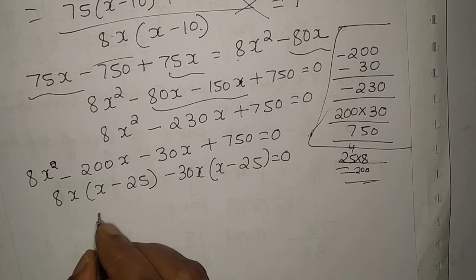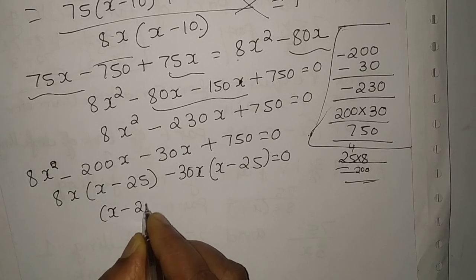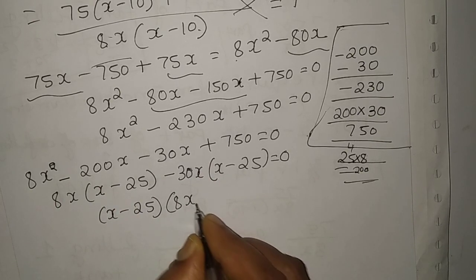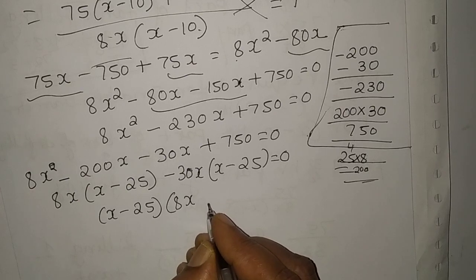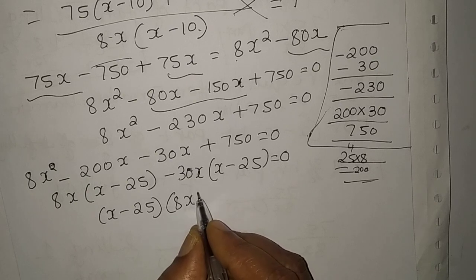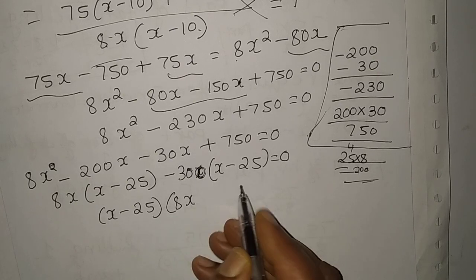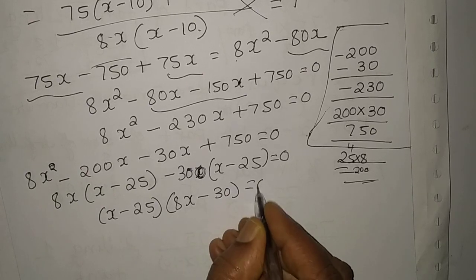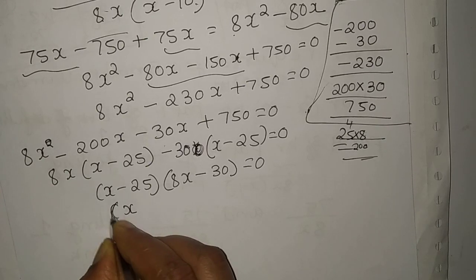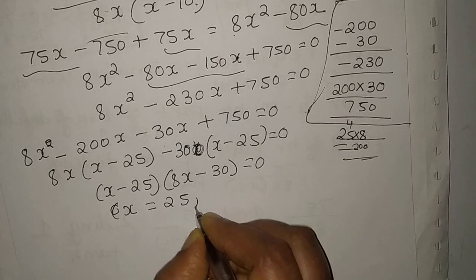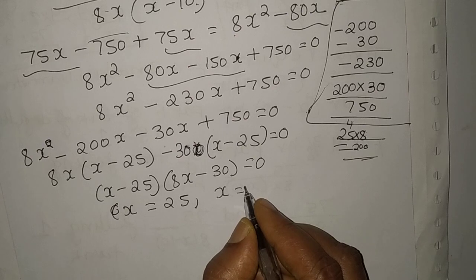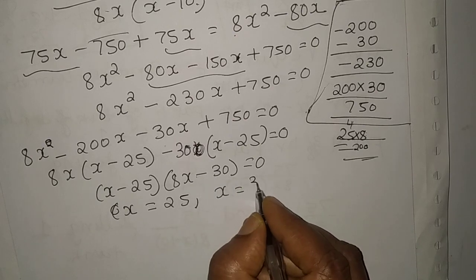Next, we get x minus 25 and 8x minus 30 is equal to 0. So next we are getting x is equal to 25 and x is equal to 30 by 8.